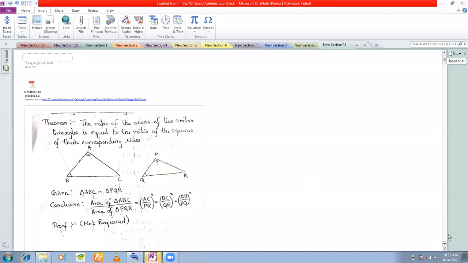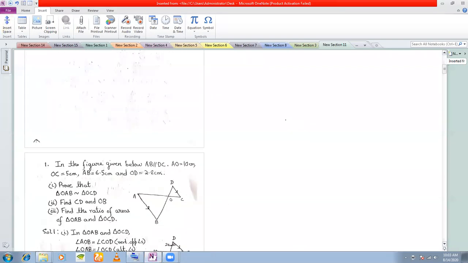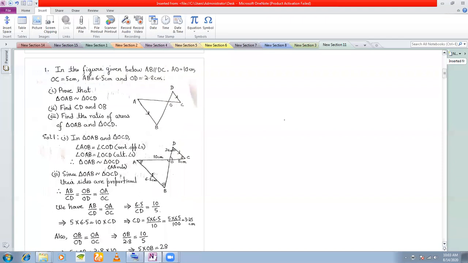Problems. This I have already explained to you. This part, the relation between areas of similar triangles. Let's attempt a problem here.